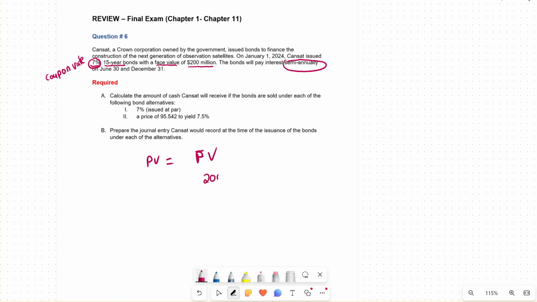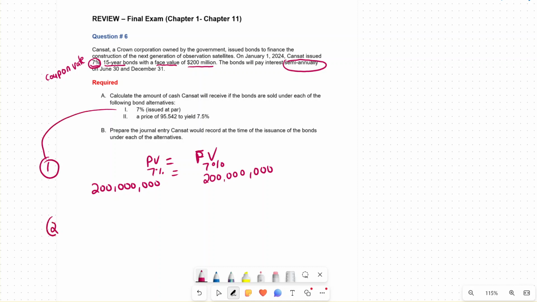The face value of your bond is 200 million, and the present value will also be the same. If the rate is 7%, when my market rate and my coupon rate are the same, the present value and face value of your bond will be the same. So this is number one.